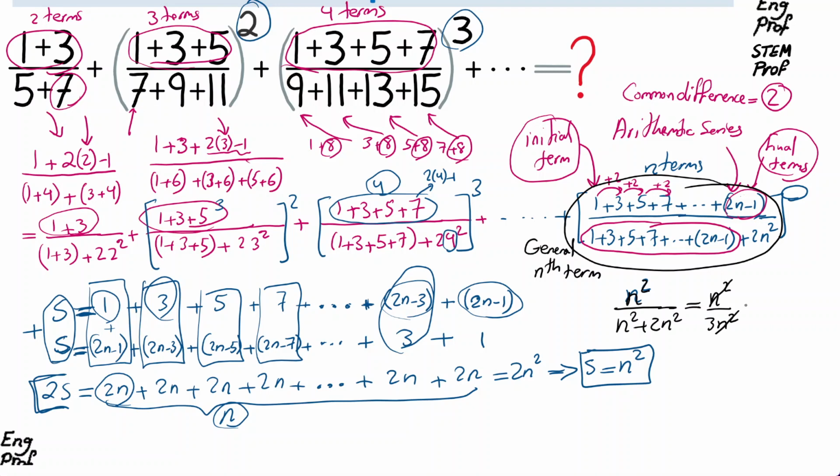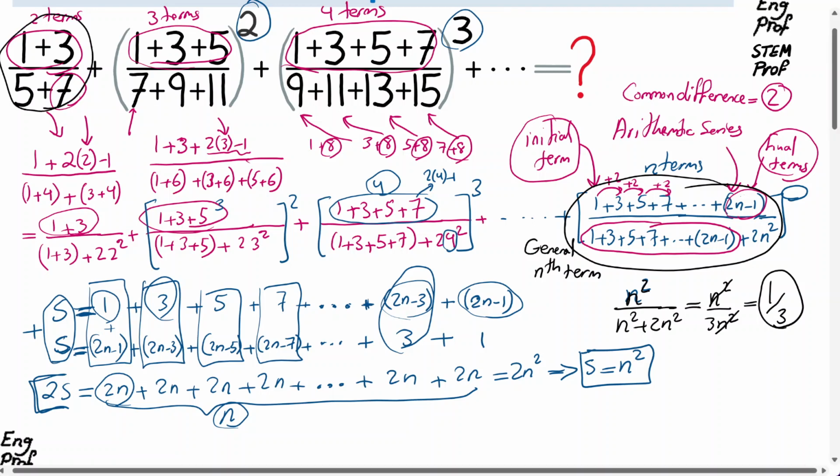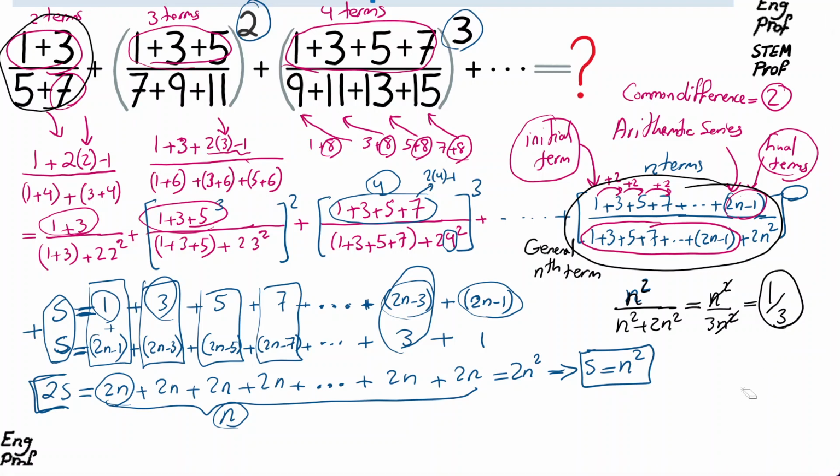N squared cancels out and it becomes 1 over 3. Interesting, and that's exactly valid for everything. So 1 plus 3 over 5 plus 7 is 1 over 3, and 1 plus 3 plus 5 over 7 plus 9 plus 11 is again 1 over 3. So all the terms in this infinite series, or even the finite version, are just 1 over 3 to some power.